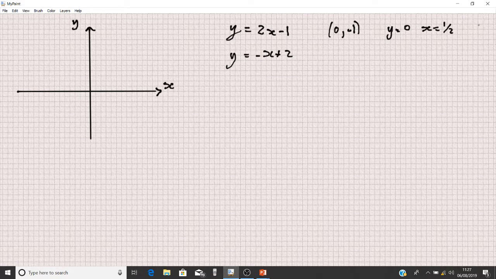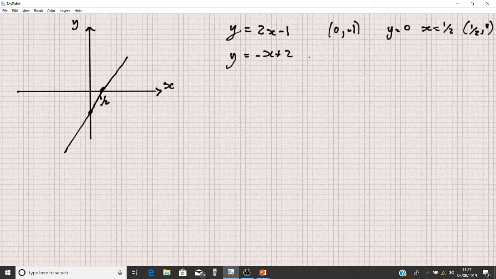So the point a half, 0 is another point on the first line. If we call that 1 over 2, and we'll call this 1. Now we need negative 1 there. So this line is going like this. Again, it's not the most accurate when you're doing it by hand or by eye.